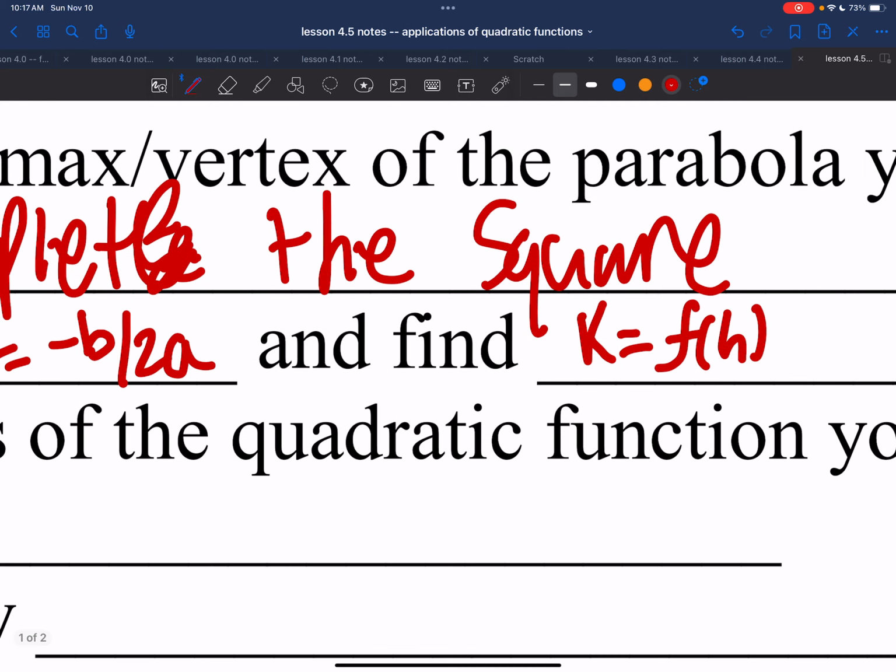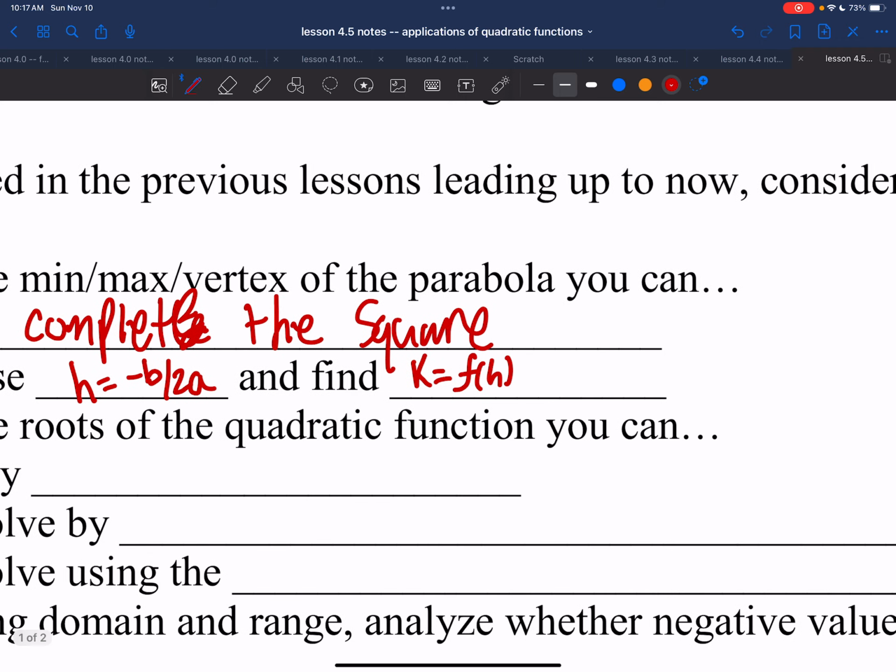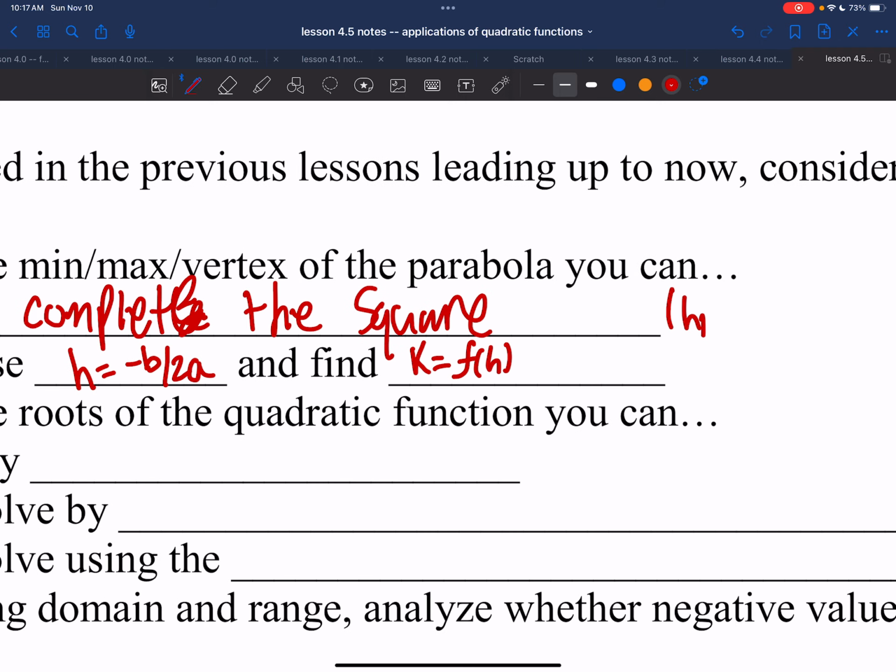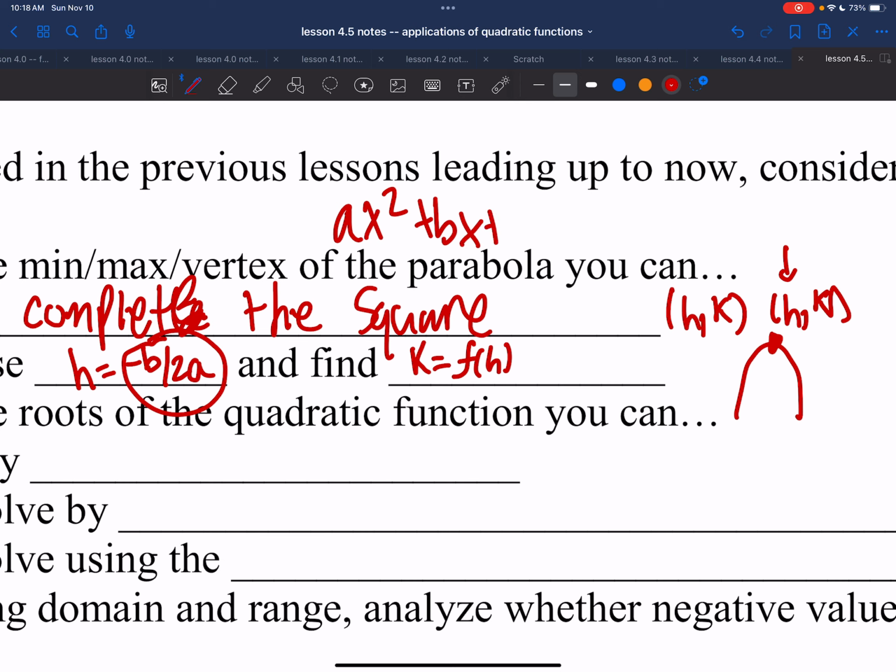And just a quick reminder of this technique: the vertex is the point h comma k, right? So this vertex is hk. You can find the h value by taking negative b over 2a in standard form. So if you had ax squared plus bx plus c, standard form, negative b over 2a tells you the h value.